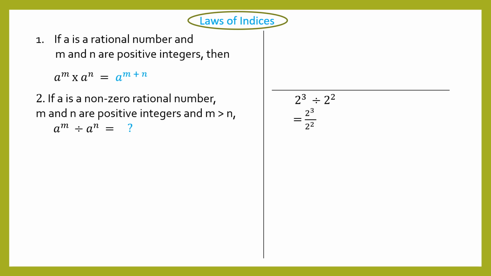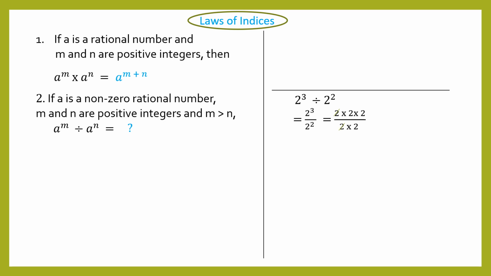Now 2 cube can be written as 2 into 2 into 2, and denominator 2 square can be written as 2 into 2. Now as it is in the form of division, the numbers which are the same can be cancelled, or we can do the reduction. 2 ones are 2, 2 ones are 2.